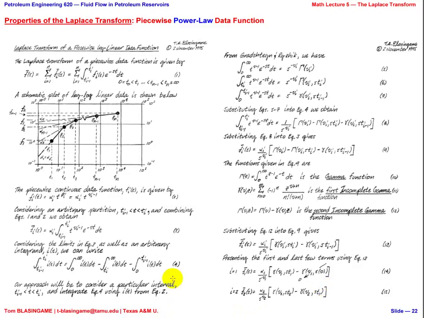So when you have a set of data in a log scale, the log of t and the log of p as a function of t, if you transform this to Laplace domain, you get this function in terms of incomplete gammas.